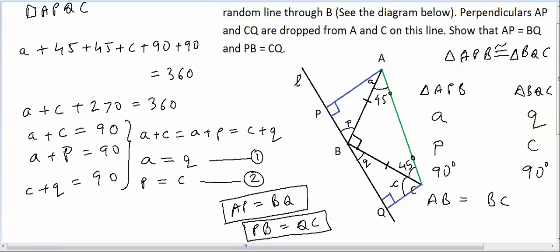Corresponding sides of congruent triangles. Hence proved.